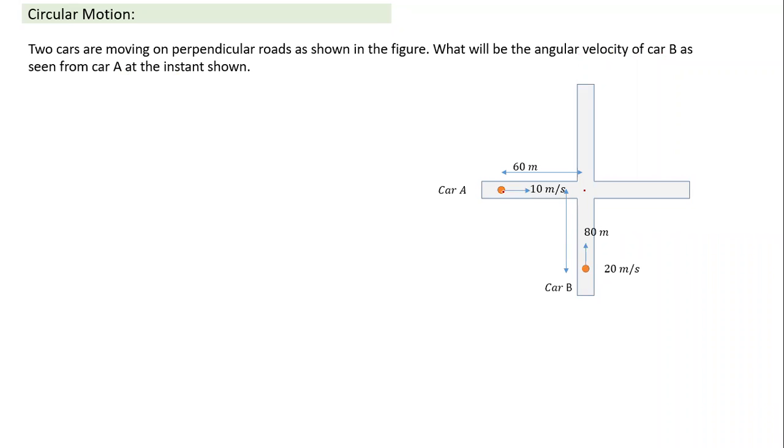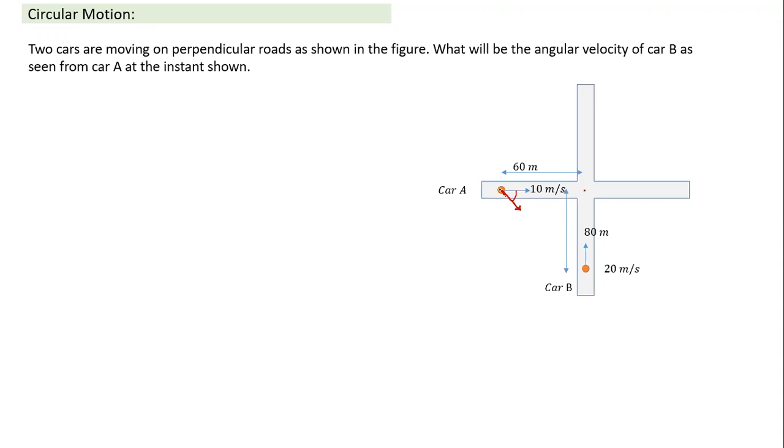Suppose you have a telescope and you aim it at B. As these two cars are moving, you have to rotate the telescope at some angular speed, and only then can you continuously watch car B. Why do we need to rotate the telescope? Because the angular position of B with respect to car A is changing. I hope you are able to understand this point.